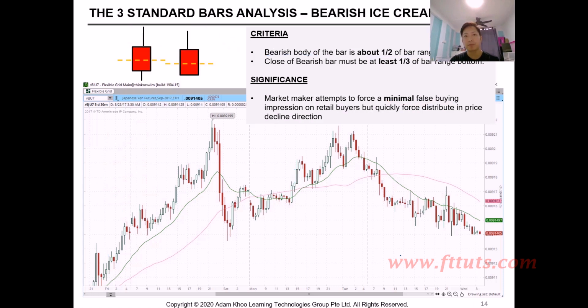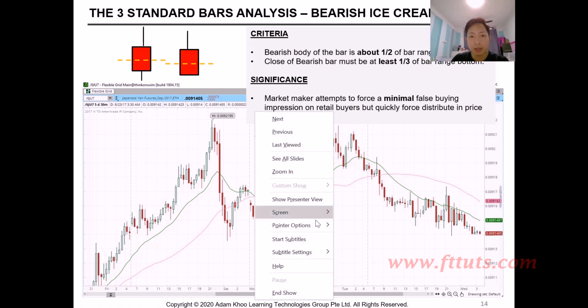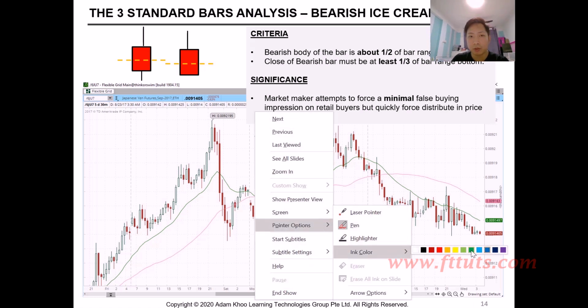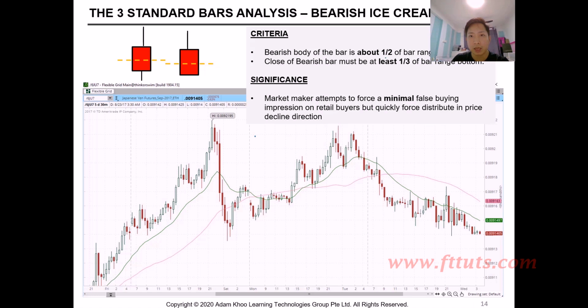And the opposite is what we call a bearish ice cream bar. Again, this has significance. The body is half of the bar range. The close of the bar must be below, at the bottom one third of the bar range.